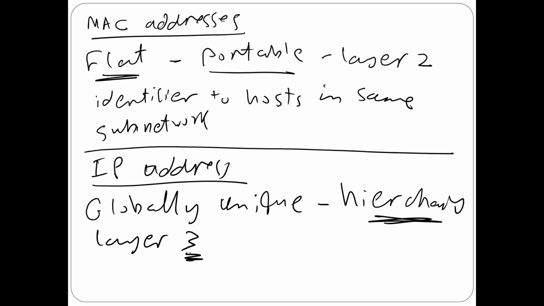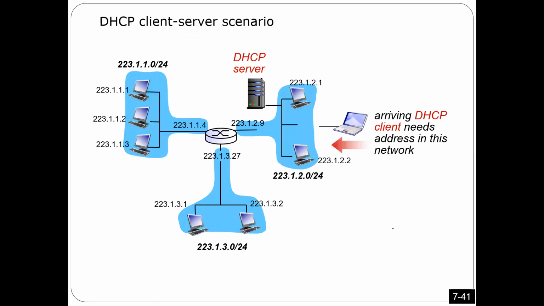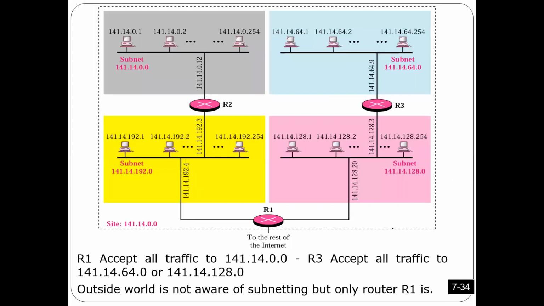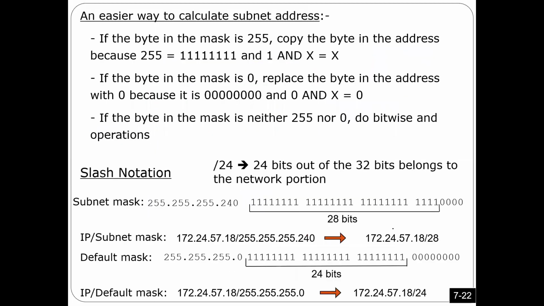So in order to better understand what I mean by hierarchy, and also to understand the idea of network of networks, which is very important to understand, let me go back just to remind you of what we did.